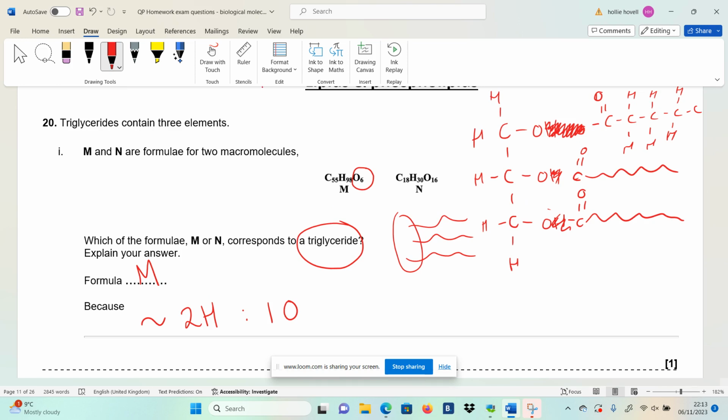And secondly, it was only worth 1 mark actually, but also the low number of oxygens made sense. Oh, that is the oxygen, sorry, approximately 2 hydrogen to 1 oxygen. It doesn't make sense, does it?